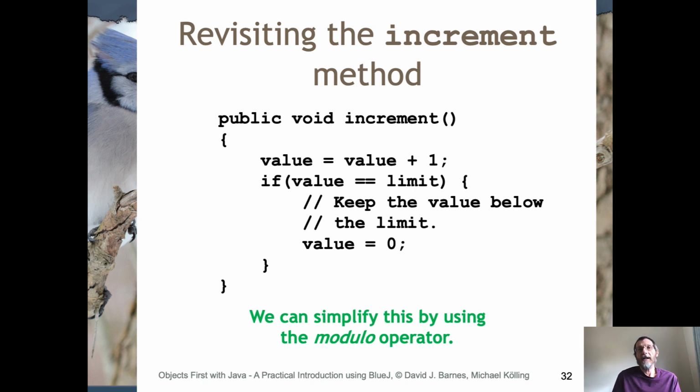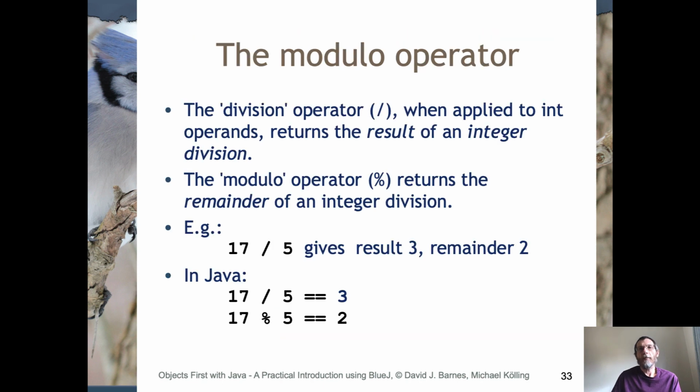Now, in order to see how we can simplify this, let's look at another operator that exists within the Java programming language. This is the modulo operator. What we're thinking about here is performing operations between two integer values.